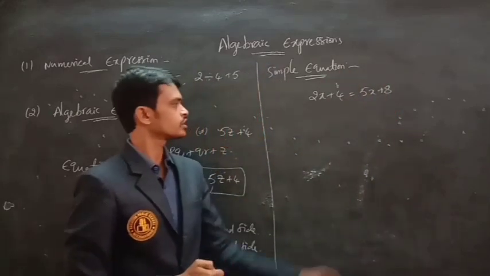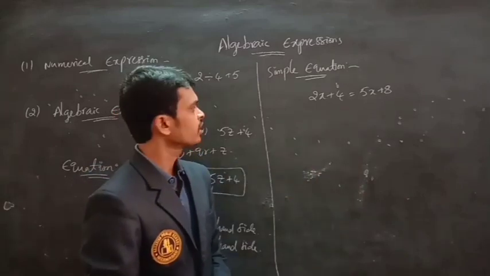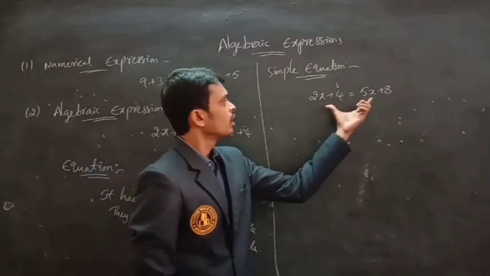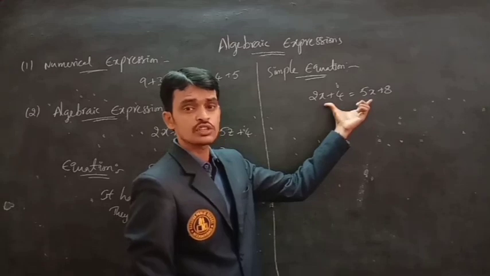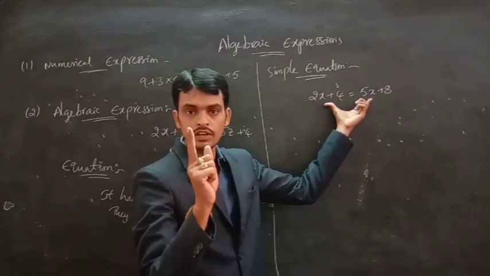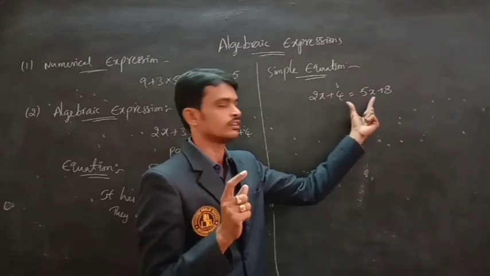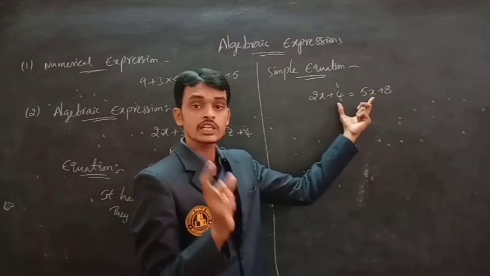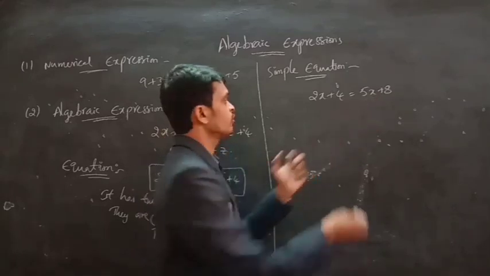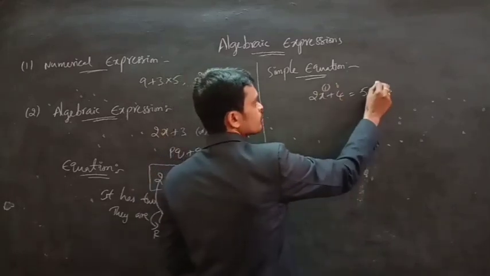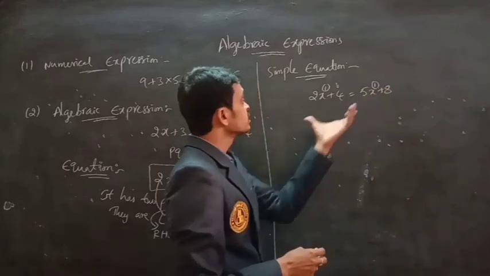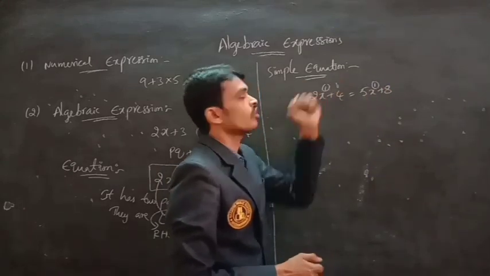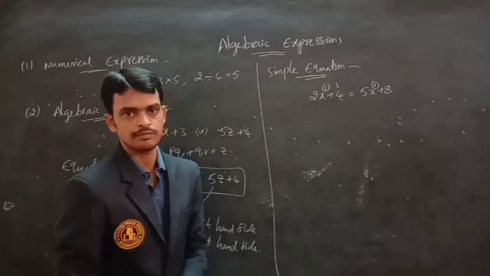This is the equation. How many variables did we use? Only one variable, x. What is its degree? 1. Then such equations are called simple equations.